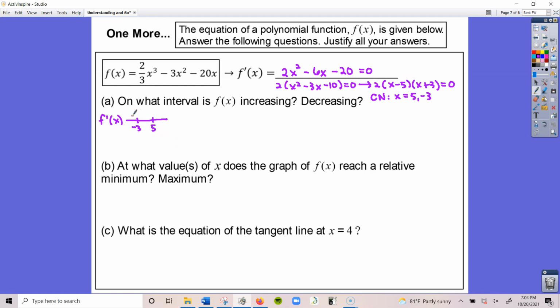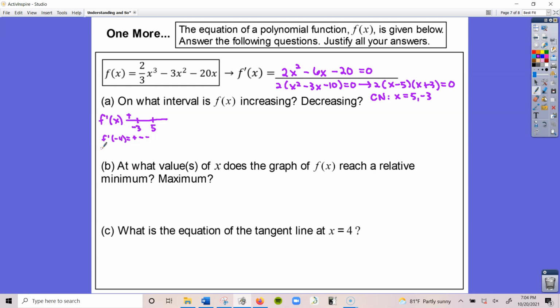Now I'm going to take numbers in between each interval and plug it into the derivative to take note of the sign. To the left of negative 3, I'm going to choose to plug in negative 4. When I do that, 2 here is always going to be positive. So negative 4 minus 5 is a negative, and negative 4 plus 3 is negative. So positive, negative, negative gives me a positive.